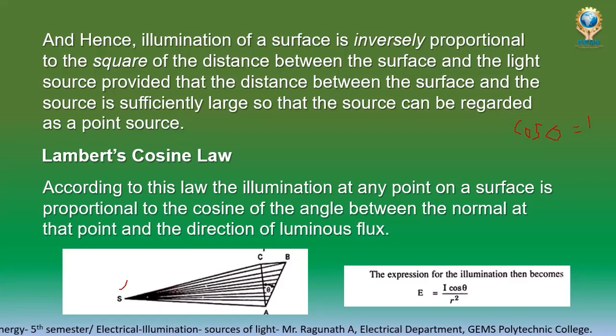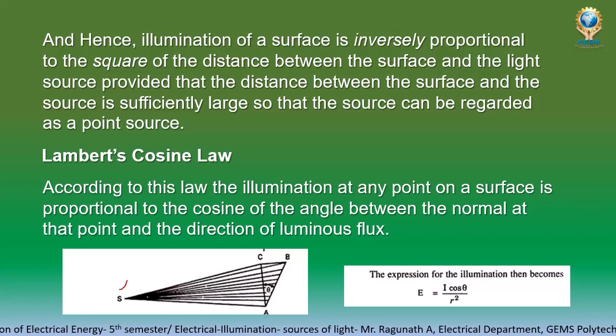Okay, so like this, if you increase the angle value, automatically the cosine value will decrease. So you should understand, if the angle is less, the cosine value will increase, so illumination will also increase. Are you getting it? What will be the value of cos 30?